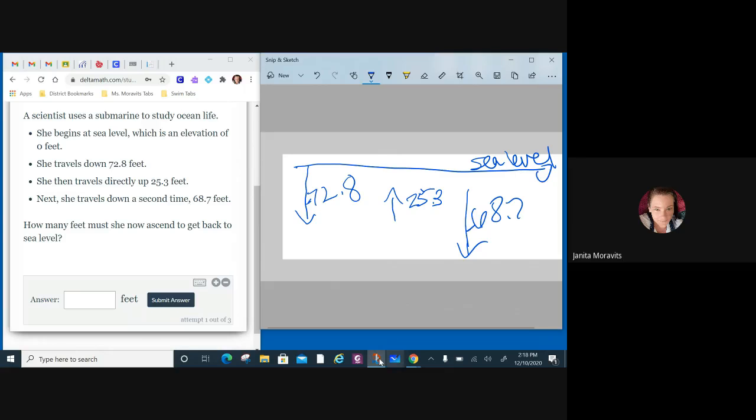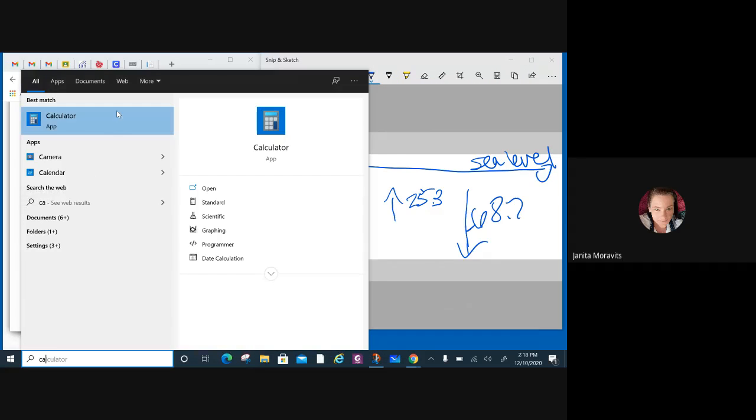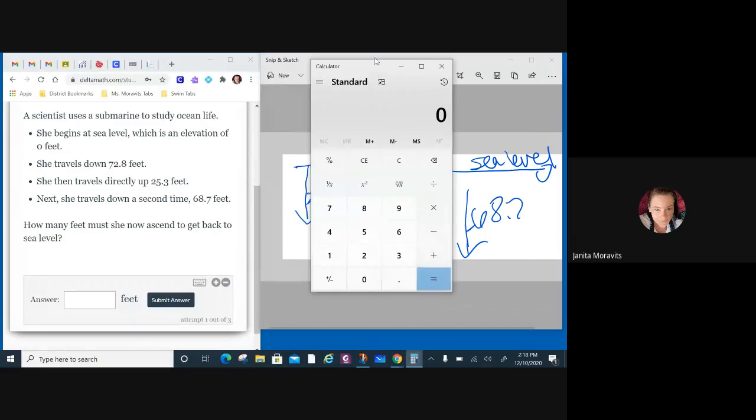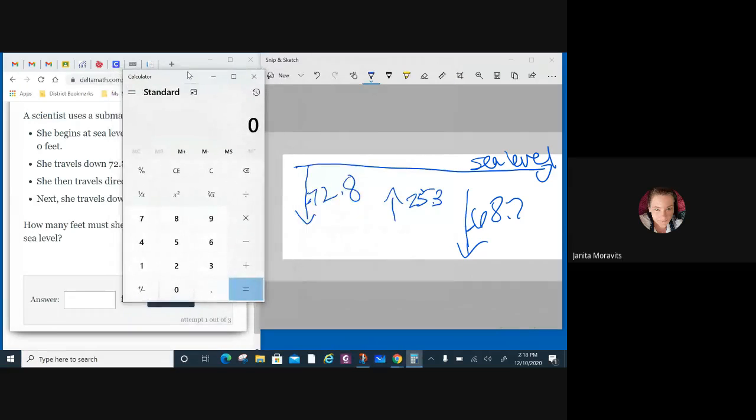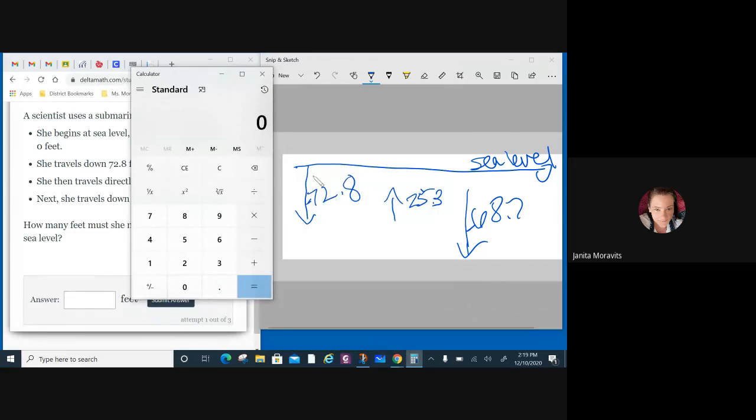Now, a quick way that you can do this, we can use our calculator. But remember, now, she started at 0, and then she went down. So we have 72.8, and remember that is negative because she went down. All right, this plus minus changes it.